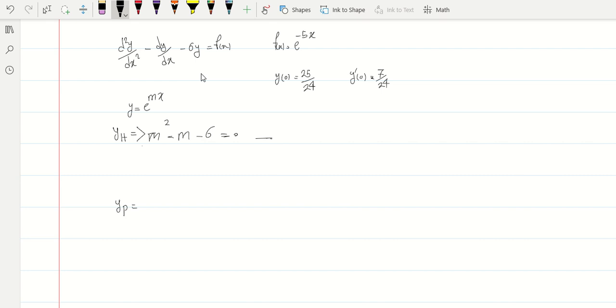And this one, if you factorize it, will be equal to m minus 3 times m plus 2 equal to 0, which would give me two m values: m equal to 3 and m equal to minus 2.